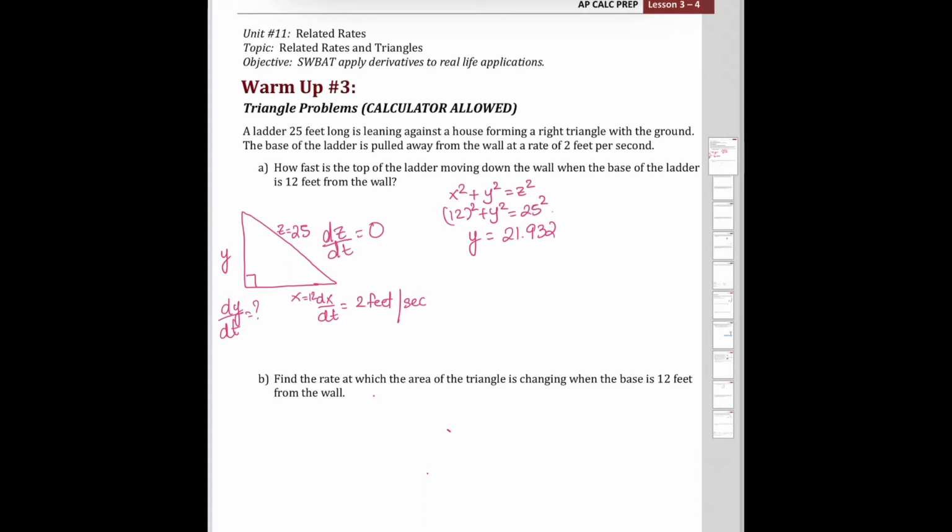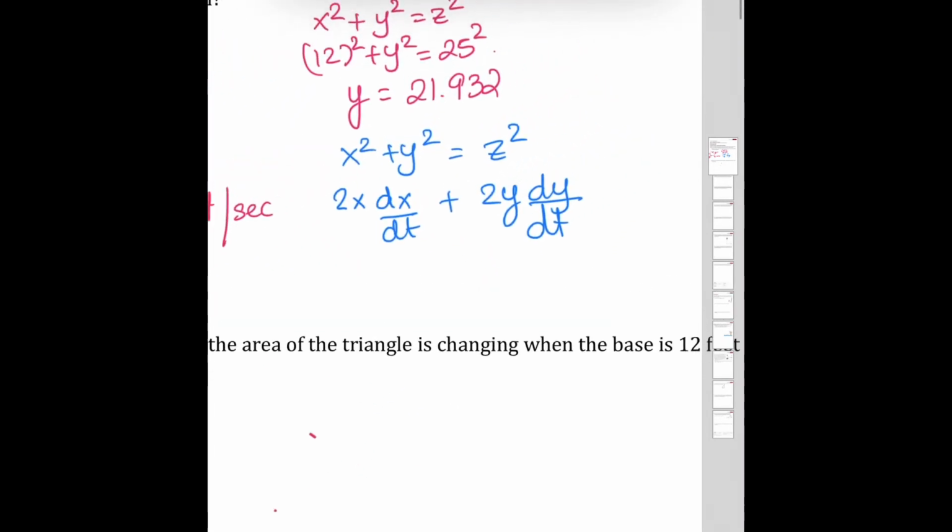So now I'm going to use the same equation. I'm going to actually change colors. x squared plus y squared equals z squared. And I am going to take the derivative with respect to what? Time. So it's going to be 2x dx dt plus 2y dy dt equals 2z dz dt.